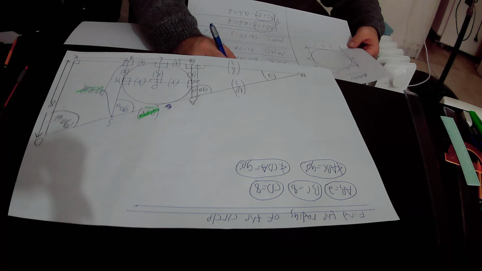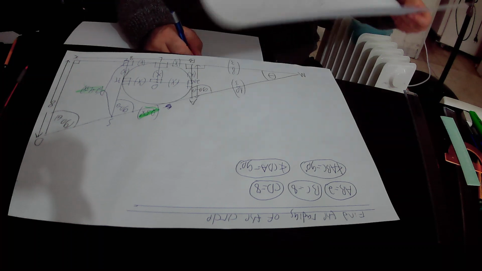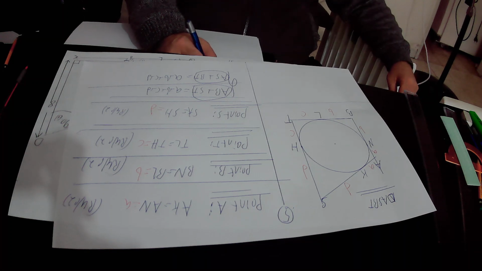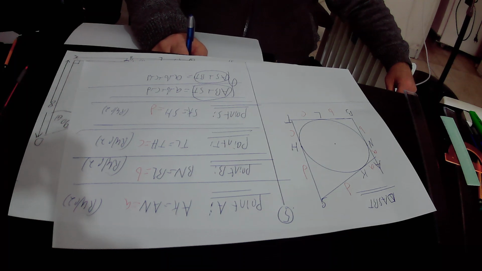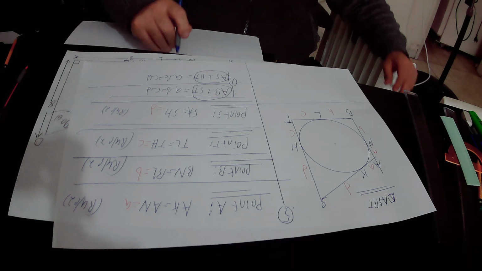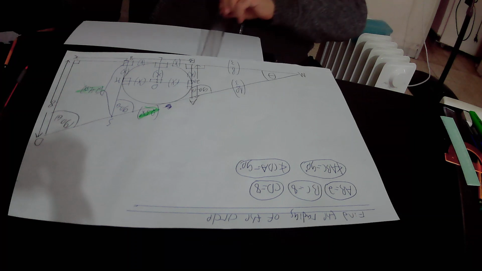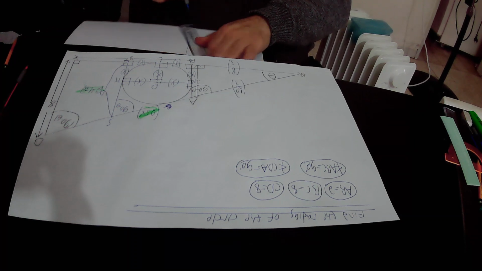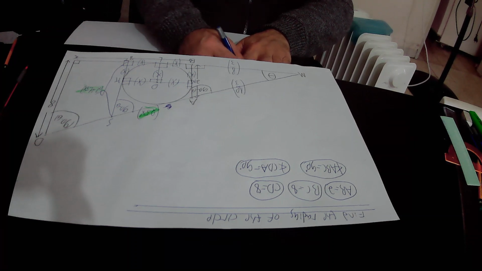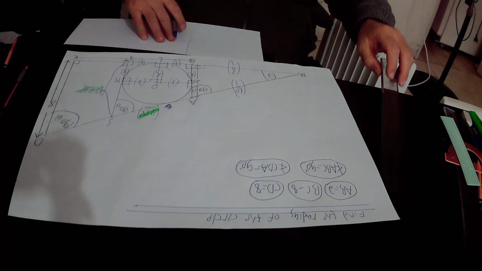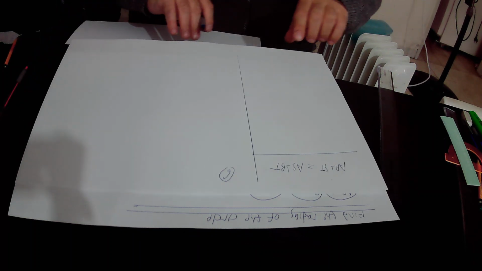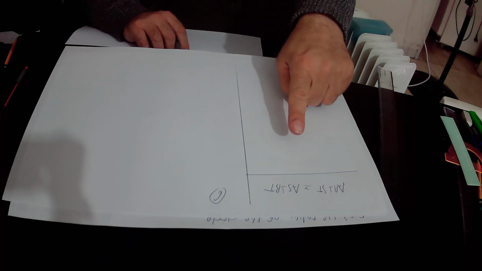The expression AB plus ST equals the expression AS plus BT because they are both equal to A plus B plus C plus D. AB plus ST equals AS plus BT.